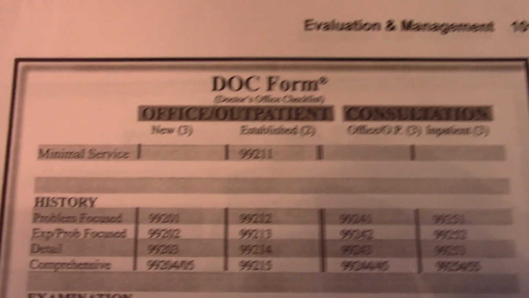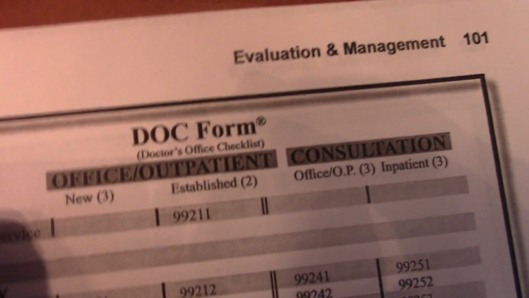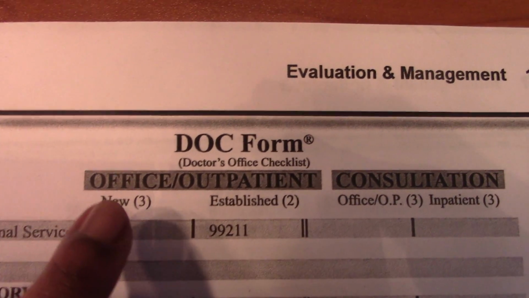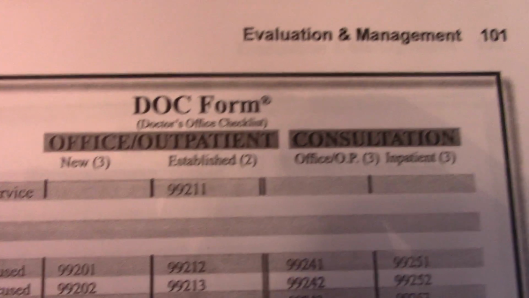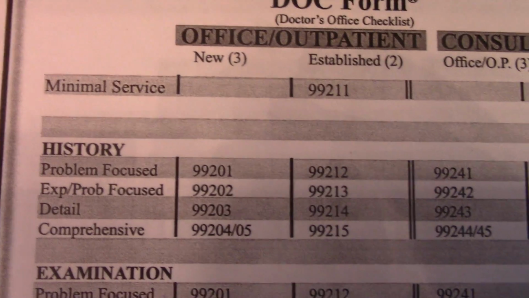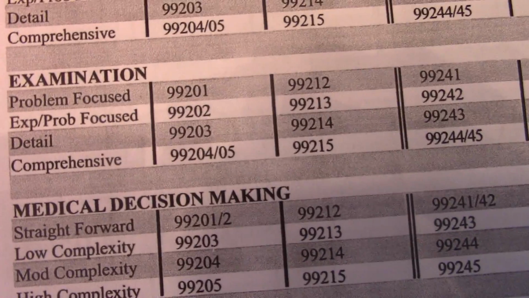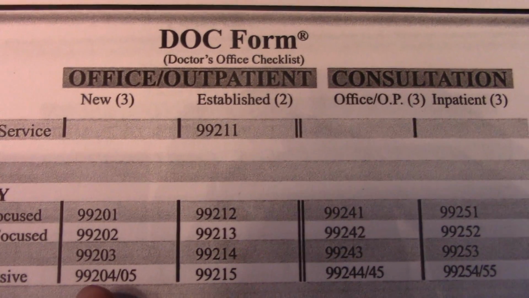And guys, these are exactly what's on the doc form. What it did, it separated out your new from your established under the office and outpatient. It listed your key components: history, examination, medical decision making, and then it put the codes there.